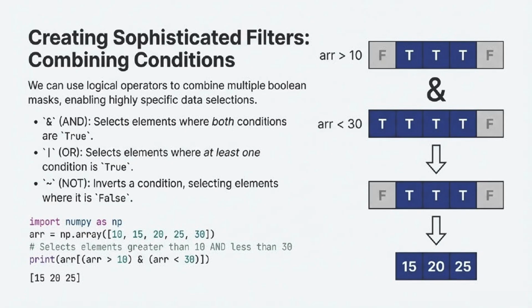The condition arr > 10 selects values greater than 10, while arr < 30 selects values less than 30. The ampersand operator combines both conditions, so only values that satisfy both are kept. When we write arr[(arr > 10) & (arr < 30)], NumPy filters the array accordingly. As a result, the output is 15, 20 and 25.